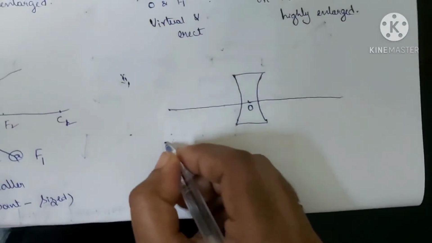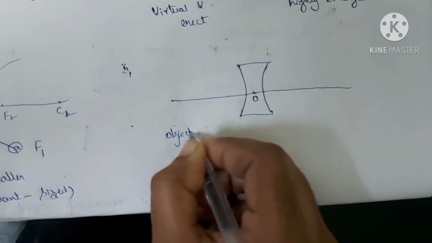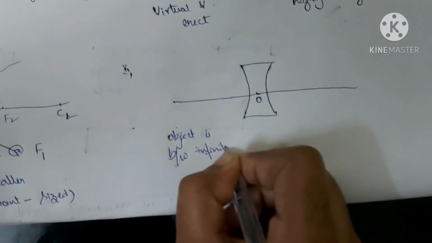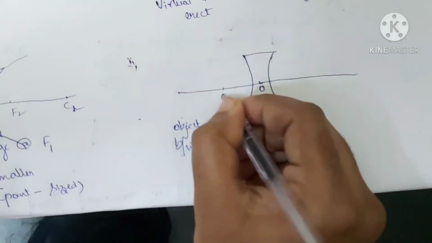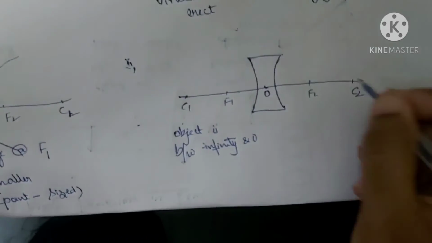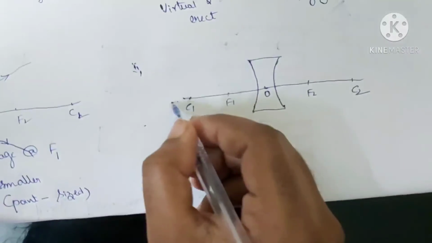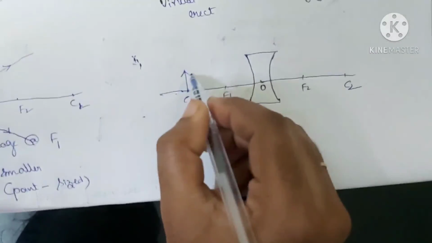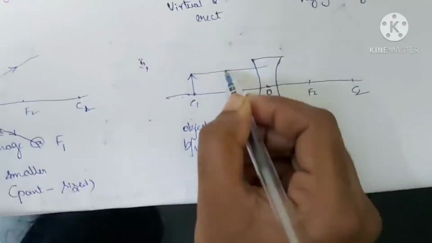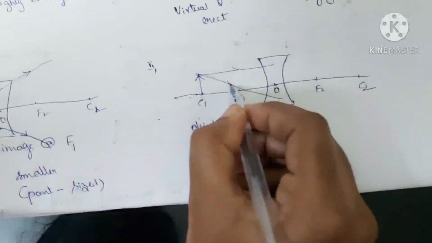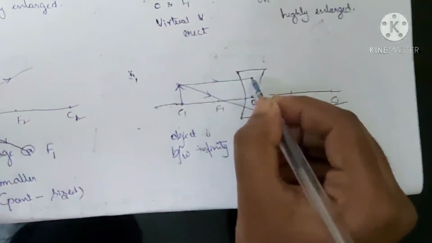If the object is between infinity and the optical center, F1, C1, F2, C2, let's take that I'm placing it somewhere over here, with a ray parallel to the principal axis.